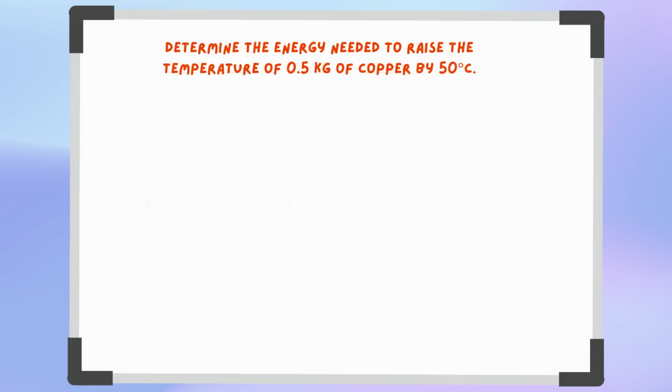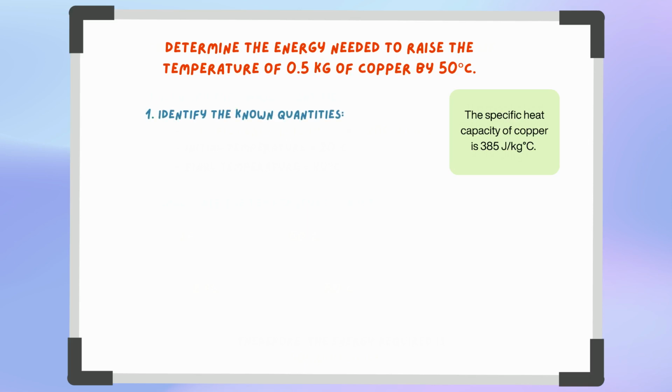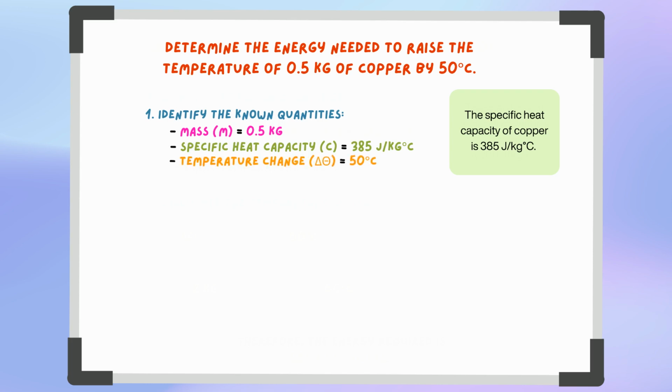Determine the energy needed to raise the temperature of 0.5 kilograms of copper by 50 degrees C. The specific heat capacity of copper is 385 joules per kilogram degrees C. First, identify the known quantities. Mass equals 0.5 kilograms, specific heat capacity equals 385 joules per kilogram degrees C, and temperature change equals 50 degrees C. Now use the formula.